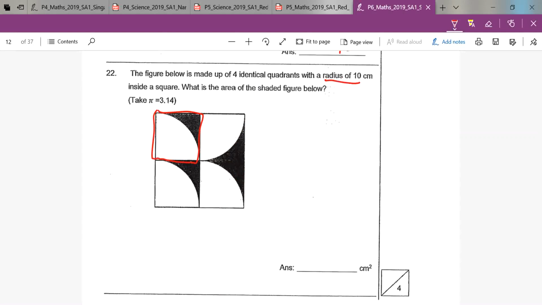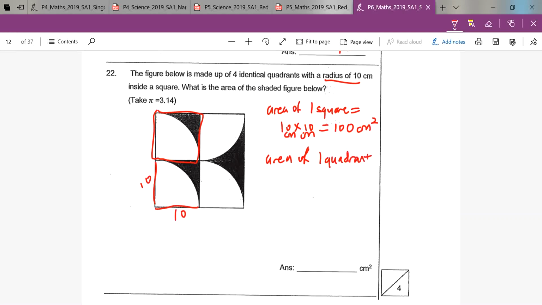Radius of 10 cm. In other words, this is 10 cm. This is 10 cm. So this square has an area of 1 square equals 10 times 10, which is, you better write the cm, 100 cm squared. The area of 1 quadrant is basically a quarter times the area of a circle, which is pi.